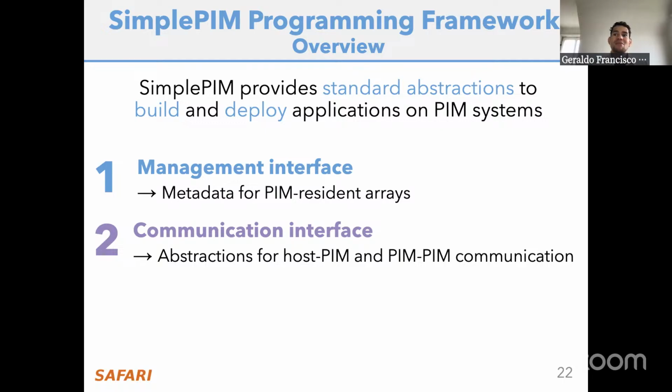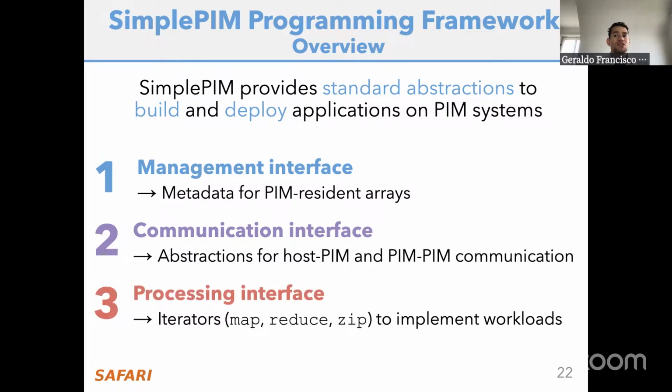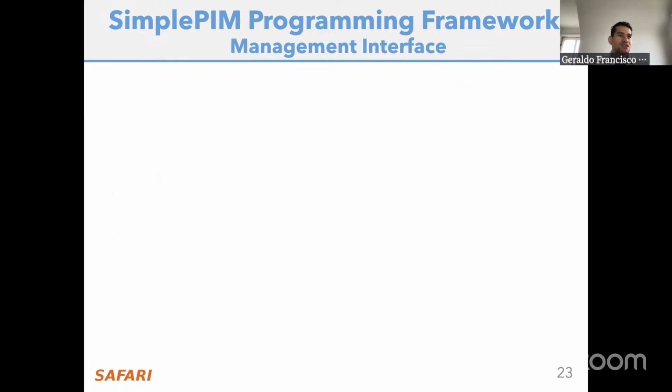Those patterns are similar to communication patterns in other distributed frameworks, such as MPI, which makes it easier for SimplePIM to be adopted. Third, the processing interface leverages PIM's high memory bandwidth and parallelism to execute map, reduce, and iterate over PIM arrays. Programmers can combine these iterators to implement many widely used workloads, ranging from simple vector addition to complex machine learning models. So let's check each one of those interfaces next.